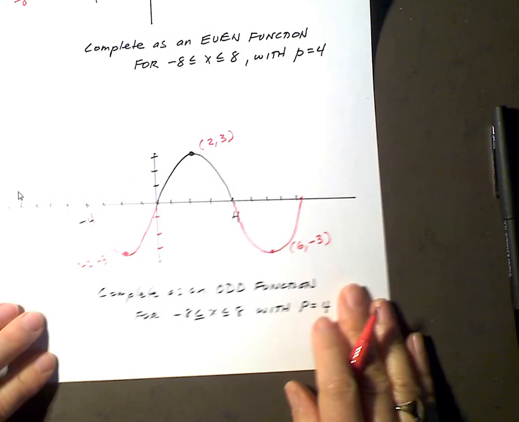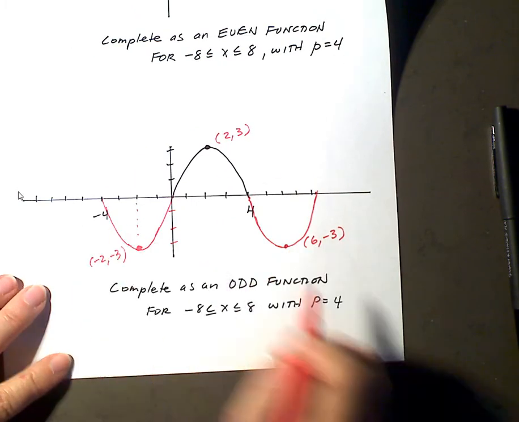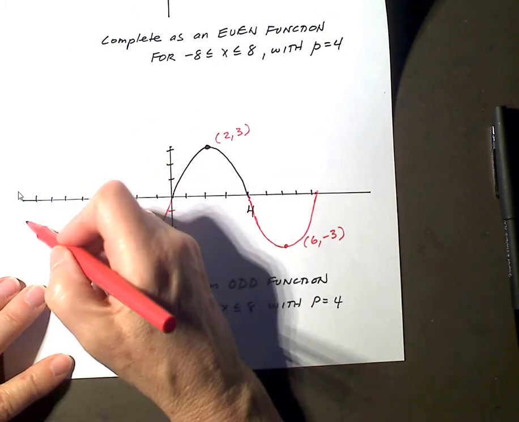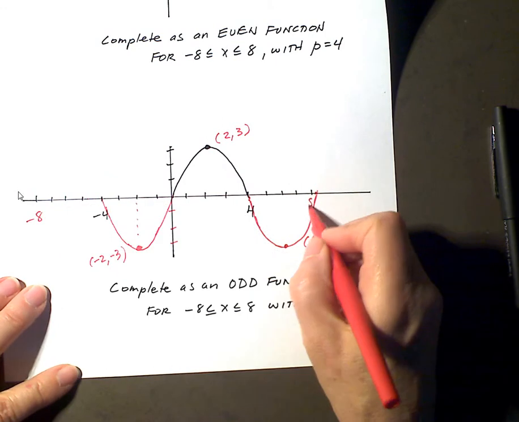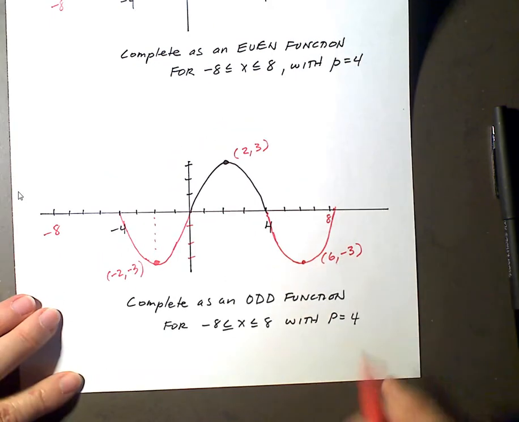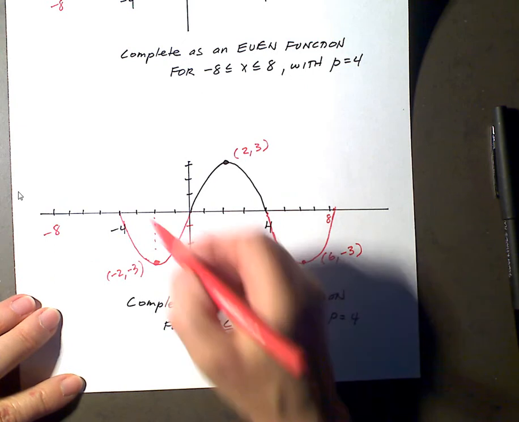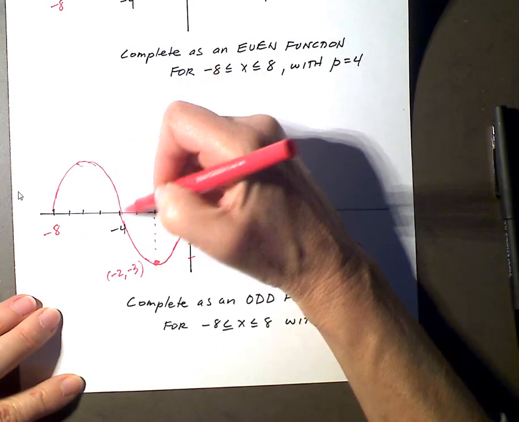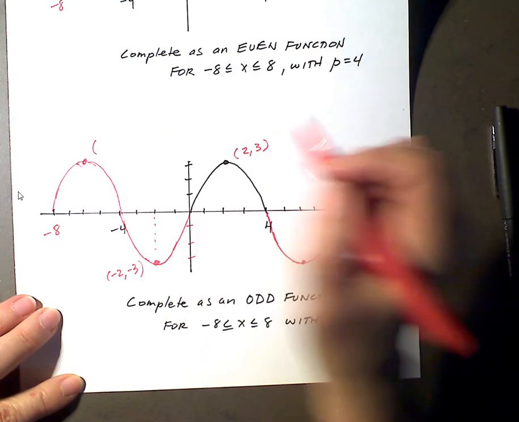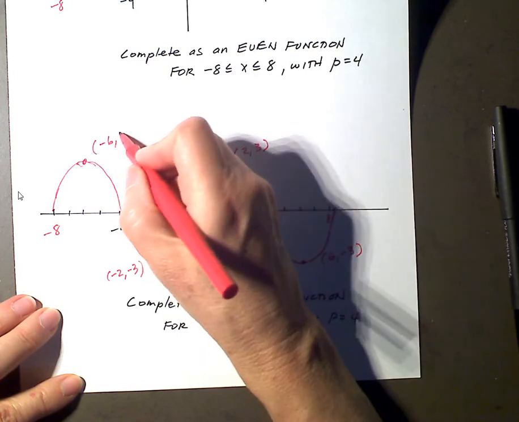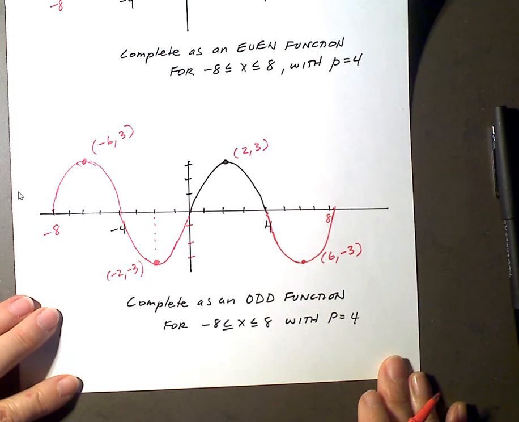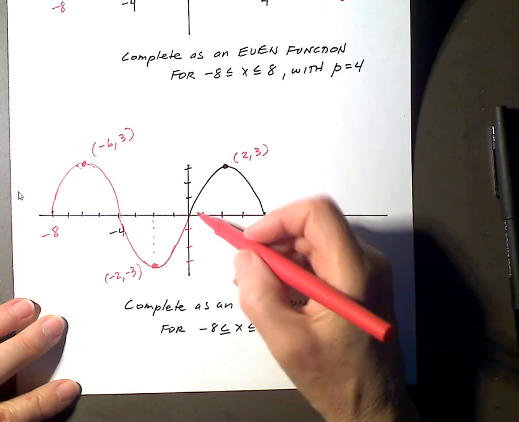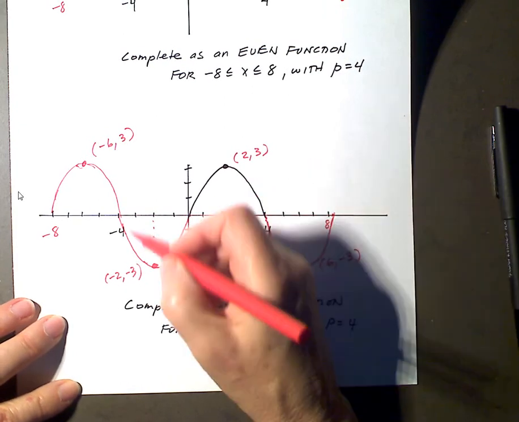So if I look at the other side here, I go to -8, so this is +8. The point -6, +3 would be on the graph, so that would look like so. -6, and then the opposite input. So I could finish it like that, or I could make this go like so, and make this go like so. So I got sort of a choice on that one.